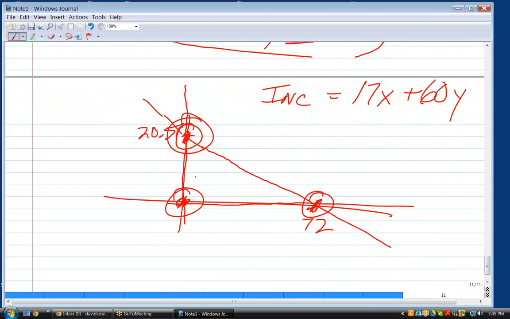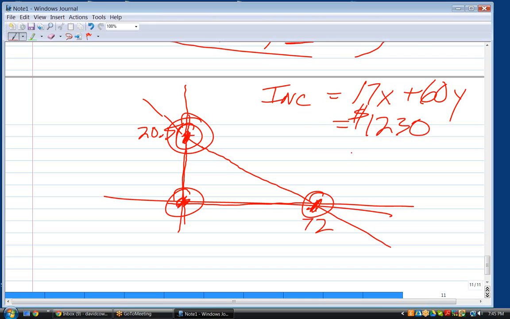So we'll try this one here. x is 0 there, y is 20.5. What is 20.5 times 60? 1230. So that's what you make if you do nothing but permanents.